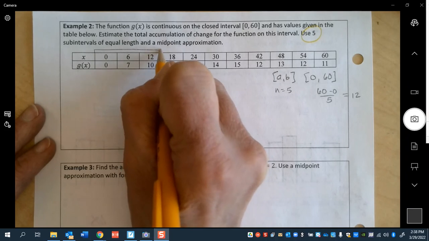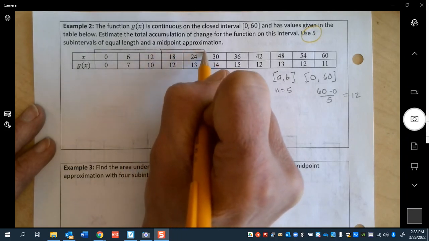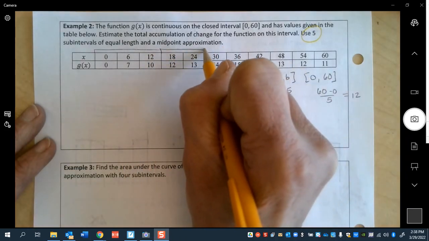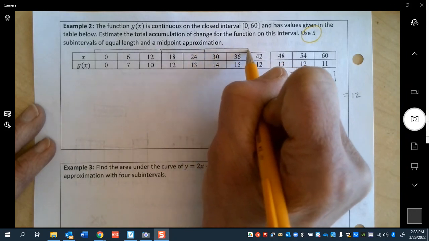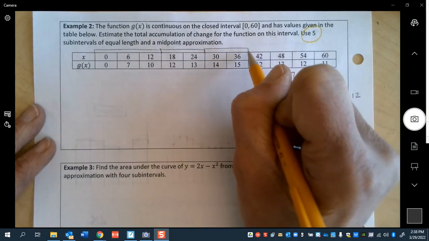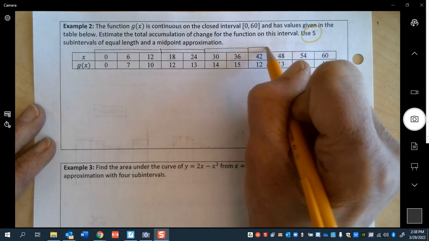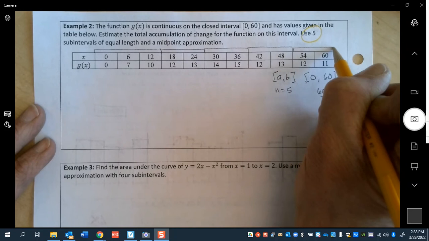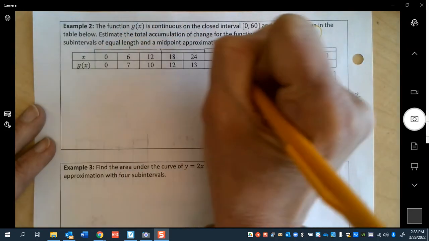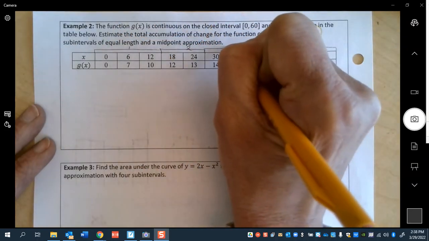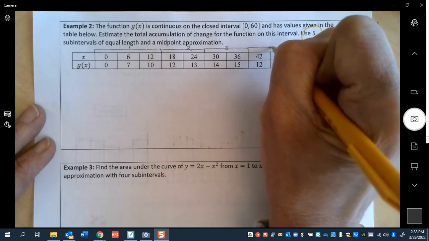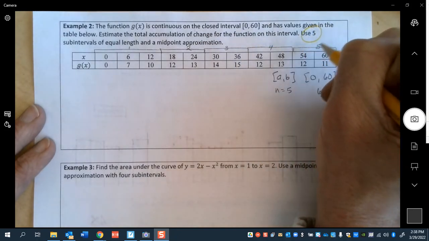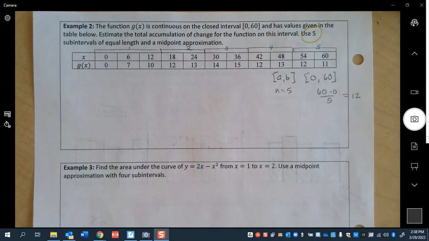And then 12 to 24, 24 to 36, 36 to 48, and 48 to 60, I have my 1, 2, 3, 4, 5 subintervals.